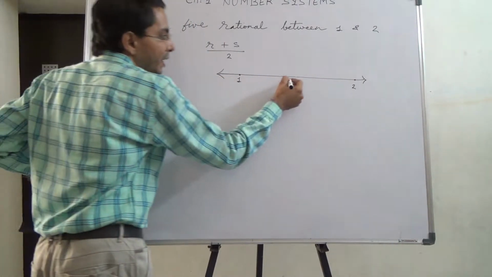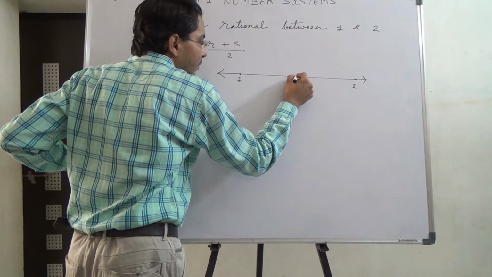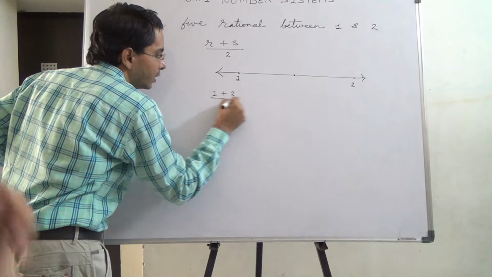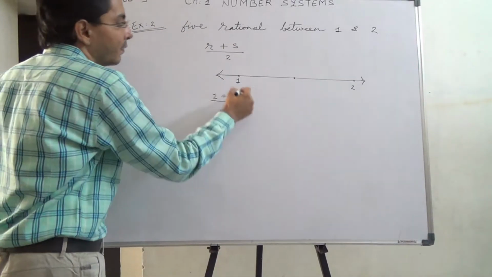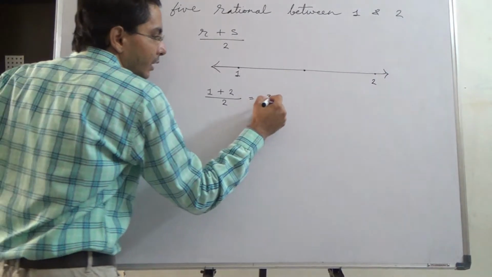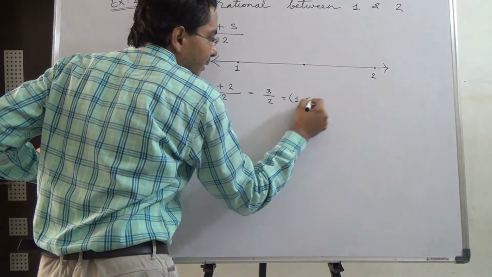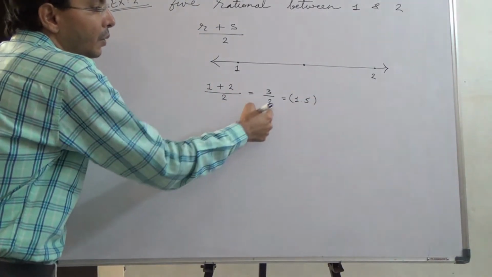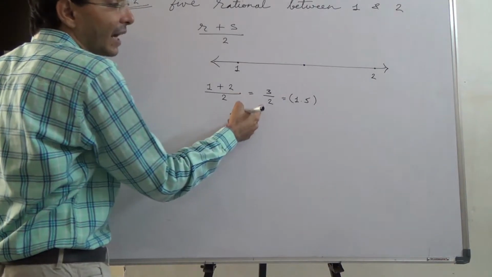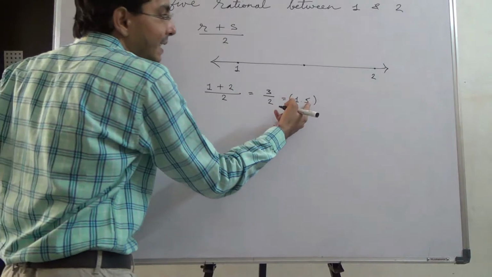If I find a number between both, 1 and 2, then as per our formula, 1 plus 2 divided by 2. So 1 plus 2 is equal to 3, and 3 divided by 2 is nothing but 1.5. 3 by 2 and 1.5 are both similar. 3 by 2 is a fraction number and 1.5 is a decimal number.